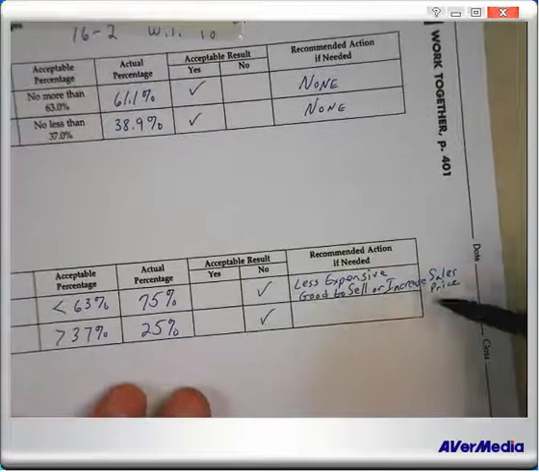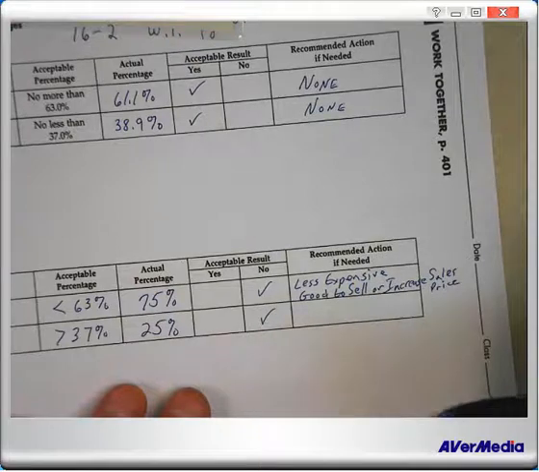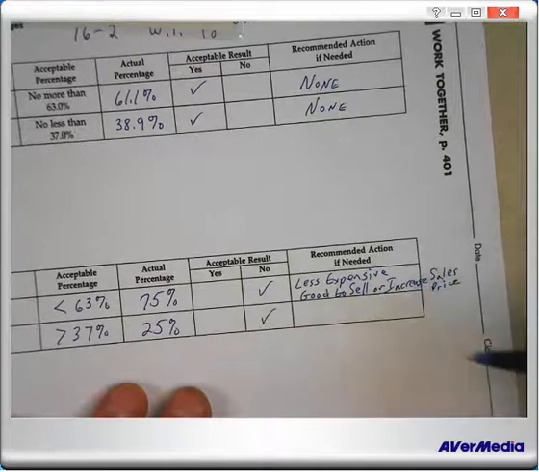So you're going to have to figure one or the other. If you can't increase the price, you're going to have to find a less expensive good to sell so that you can sell it at the same price.